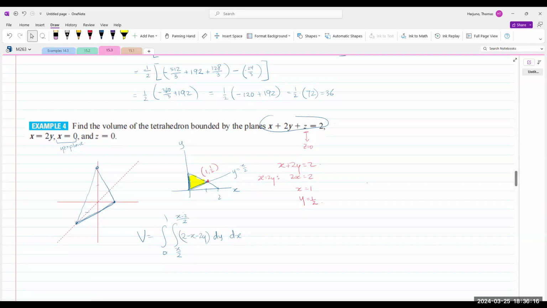Okay, that's the setup. Is it okay? Hold on, no, it's not okay. I just realized I messed up the order of subtraction again. That's 2 minus x over 2.